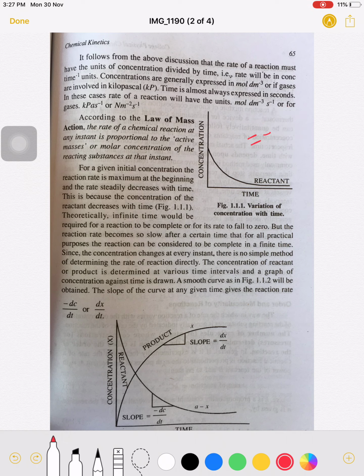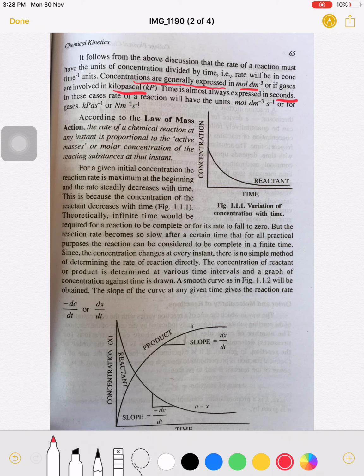The concentrations are generally expressed in mole per dm cube, or if a gas is there, then it is expressed in terms of kilopascal. The time is almost always expressed in seconds.